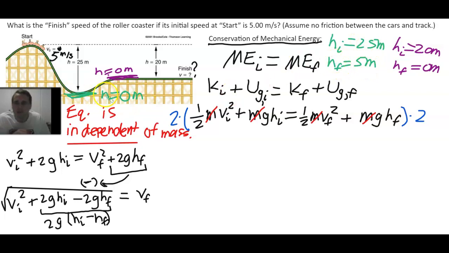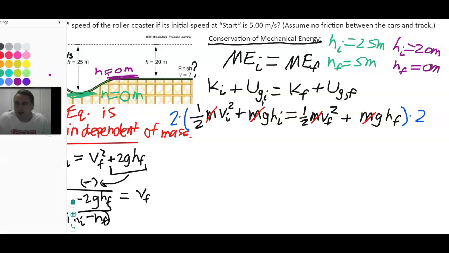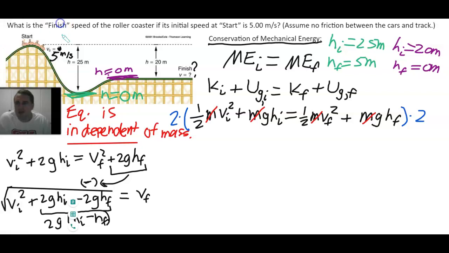But anyway, let's go ahead and use what's in green, and then let's perform our calculation by putting the numbers in. So let's get our final velocity. It's going to be a big square root.